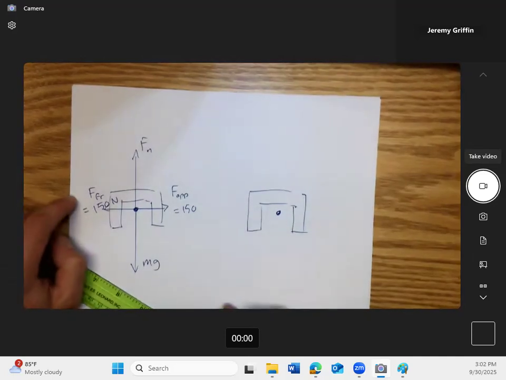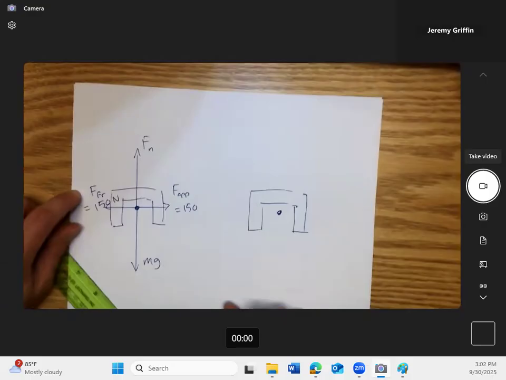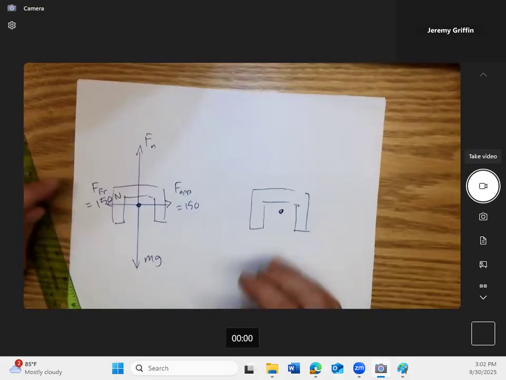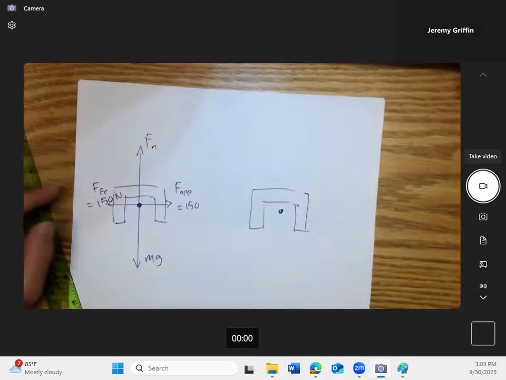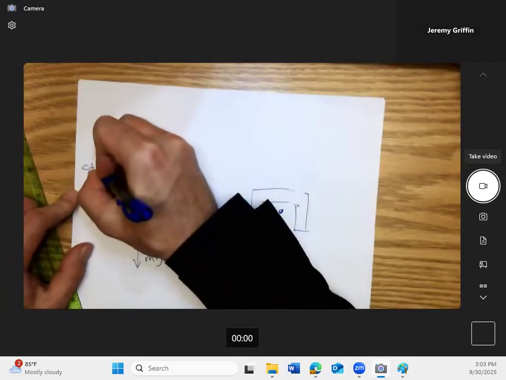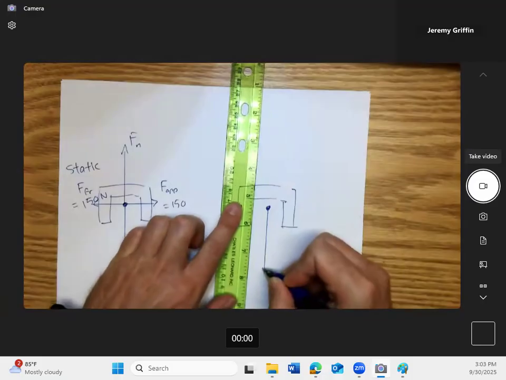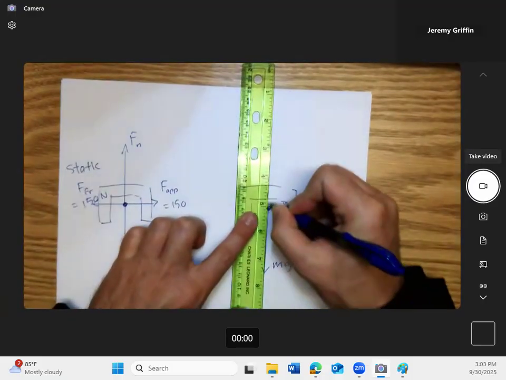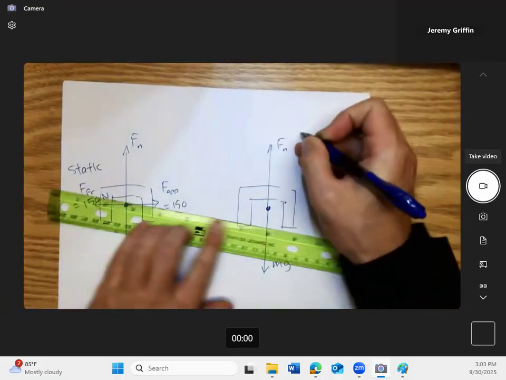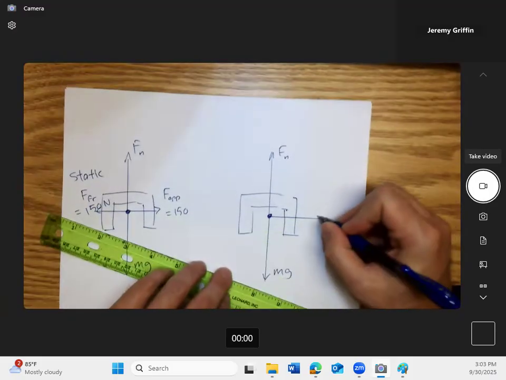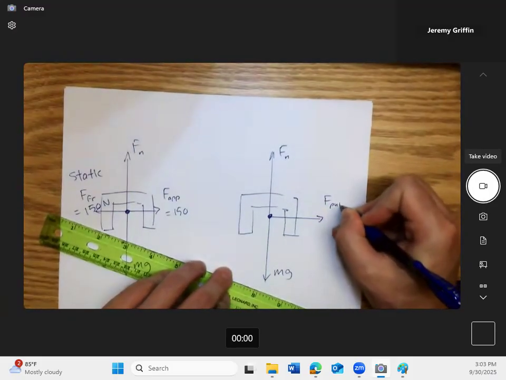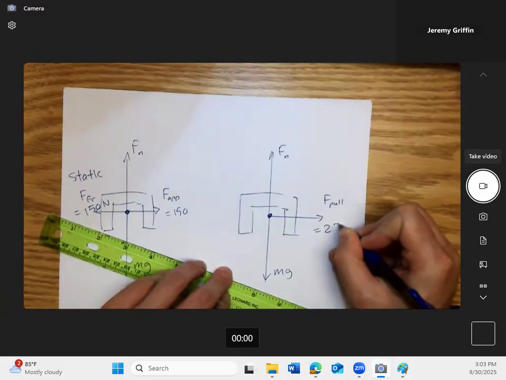Now, is this a static or a kinetic friction? If it's not even moving at all, that's static friction. Then new scenario. This desk has the same weight as before, the same normal force holding it up. But now you pull with 250 newtons. So F pull equals 250 newtons.